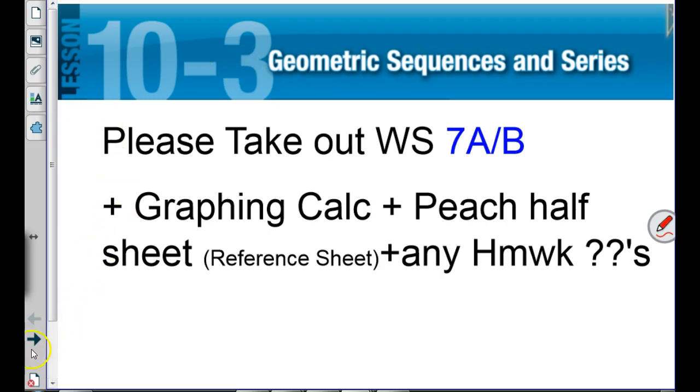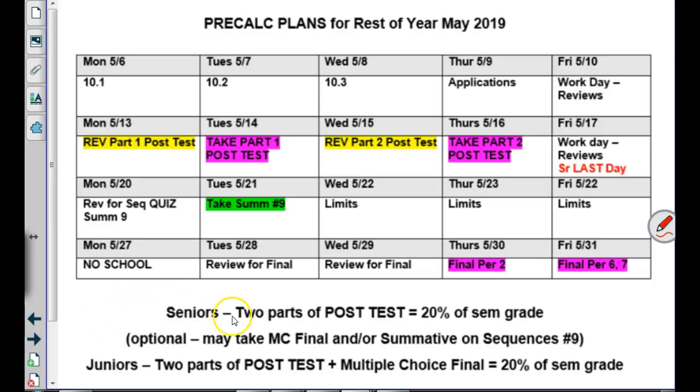Before we do that, real quick, this is posted in Google Classroom, but you had the opportunity at the back of the room or last week to pick up the post-test review packet at some point. That post-test will be given Tuesday and Thursday next week.